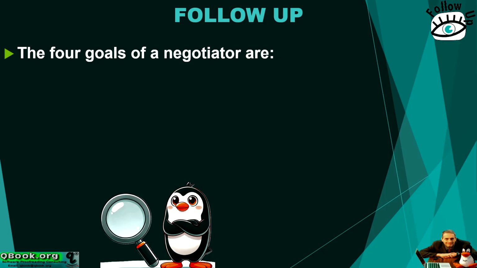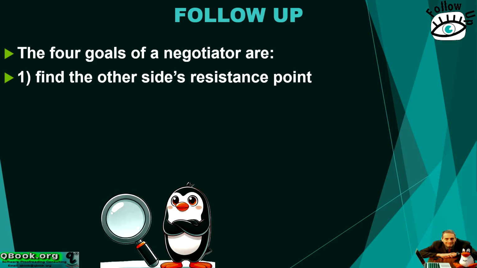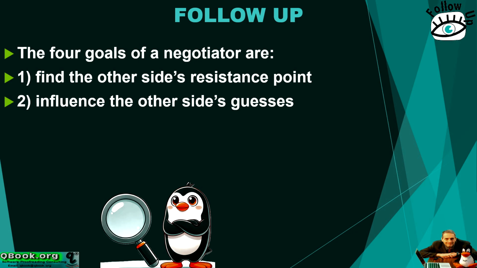The 4 goals of the negotiator's distributive tactics include: 1. Find out the other side's resistance point. 2.